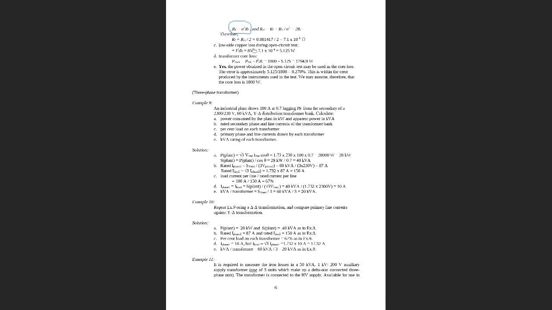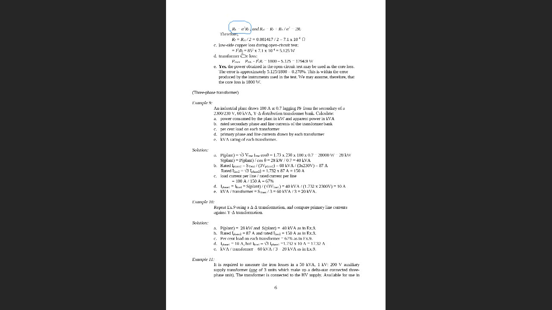And the lower side copper loss in the open circuit test. When the open circuit test is carried out at the lower side with the higher side opened, only the lower side has copper losses.